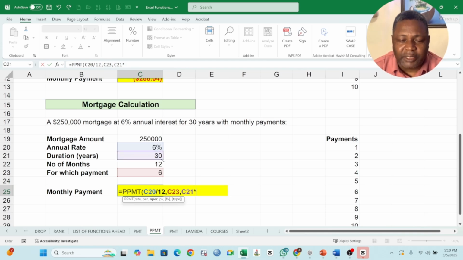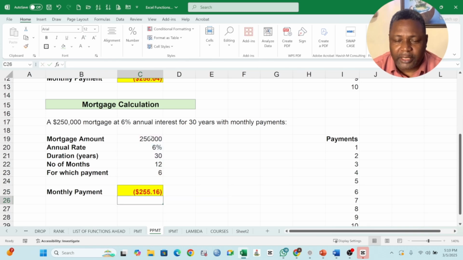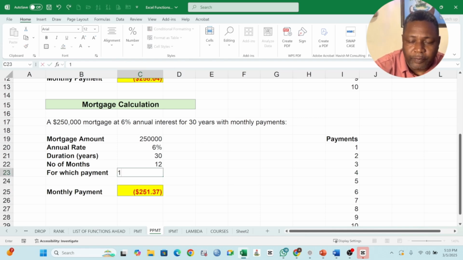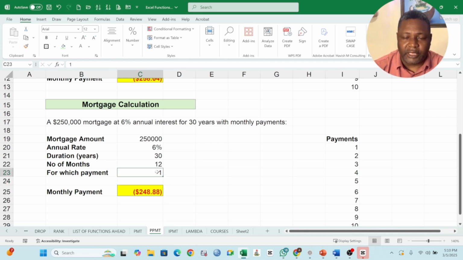That's 30 years multiplied by 12 will give you the number of payments to be made, and then the present value, and then of course you get your value. So if you change this to 3, this value will change. If you change it to 1, this value changes. If you change it back to 6, it changes.